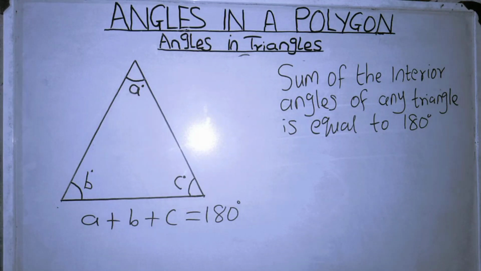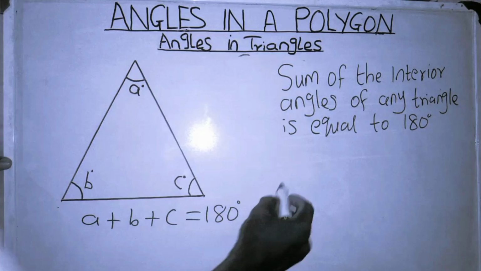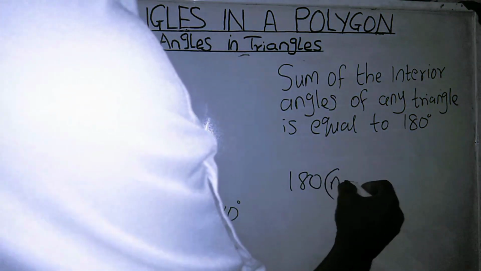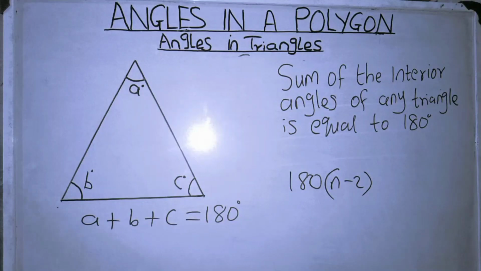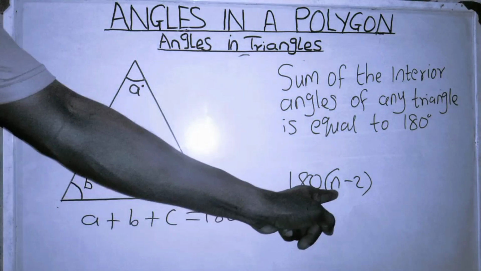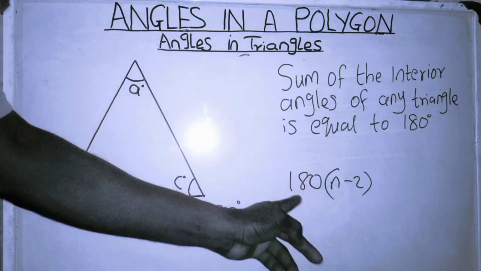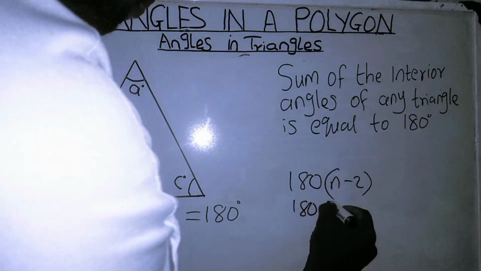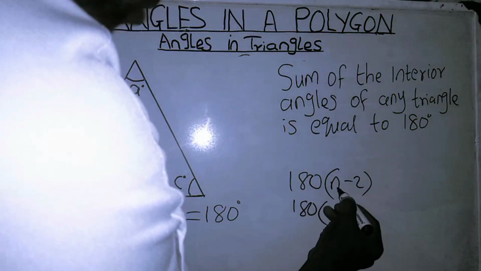That is because of what we stated here, of which I've shown you from the general formula I gave before for the sum of interior angles of any polygon, where we said the formula is 180 bracket n minus 2. A triangle has 3 sides, and n represents the number of sides. So what do I replace with n?